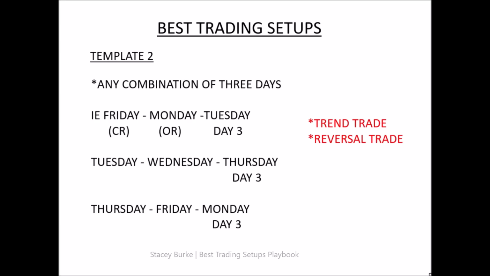Or we could get Friday breaks out and reverses, Monday's day 2, and Tuesday's day 3, as we saw in gold this week. We can have a Tuesday peak formation, Wednesday inside day or continuation day, day 2, and that would show a peak formation on one side and a broken level on the Wednesday for a day 3 opportunity on a Thursday, again for either a trend trade or a reversal trade.